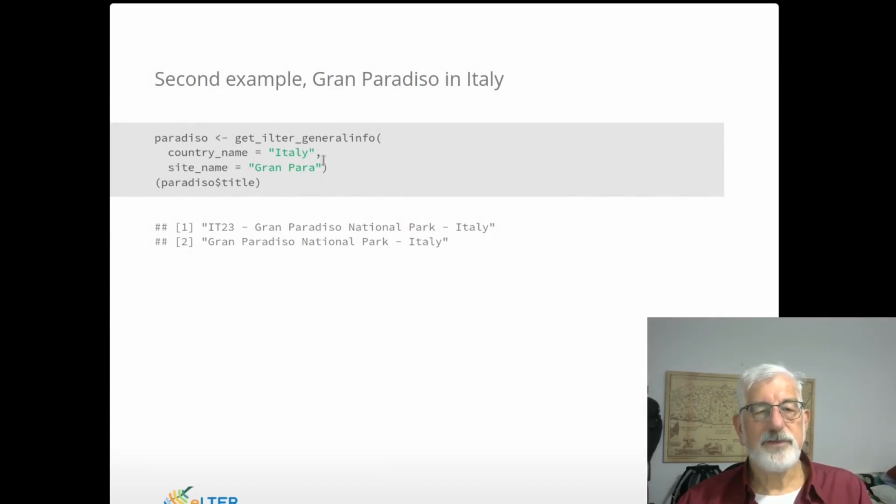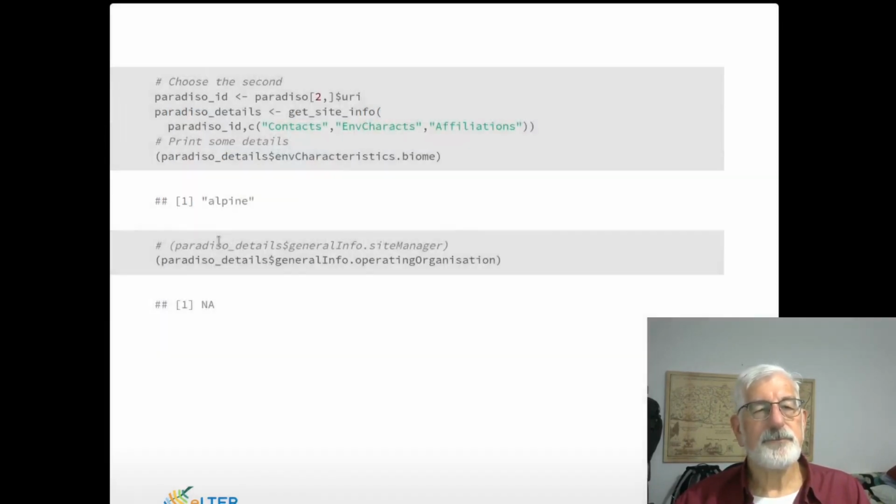As an additional example, we'll get general info for the large Gran Paradiso site in Italy. The name Gran Paradiso appears at 2 different DIMES URLs. We'll take the second one by subsetting for the second in the table of results, and we'll get the DIMES URL for that particular entry in DIMES.